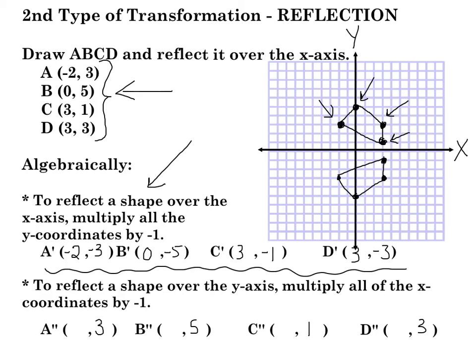All of the x's we multiply by -1, which pretty much just means we want the opposite. So the opposite of -2 is +2. Opposite of 0 is just 0. Opposite of 3 is -3. And then another 3 is -3. So if we were to go ahead and graph these 4 points, we would see a reflection over the y-axis.